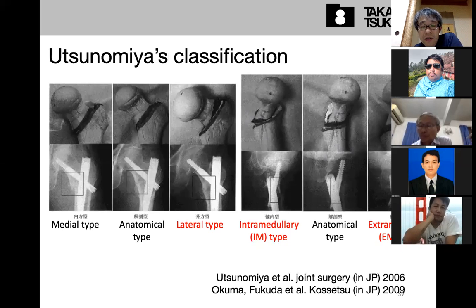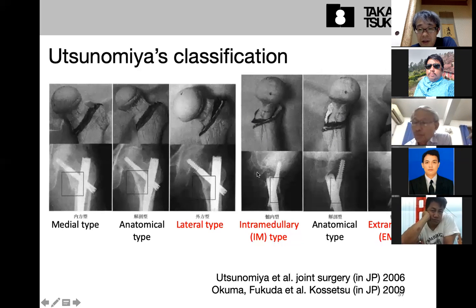It is very unstable because of the lack of bony contact. So there is no stopper to prevent excessive fragment sliding, over-sliding. Similarly, in the anatomical type and the extramedullary type, it is also stable.